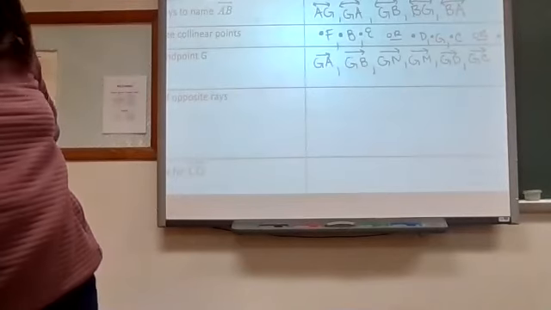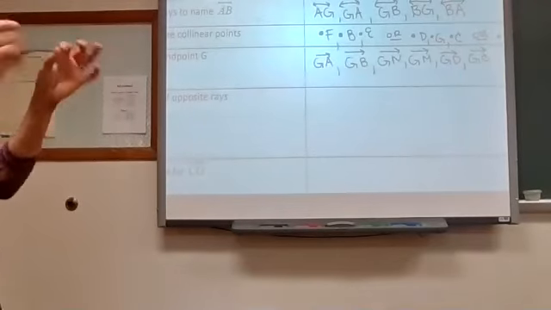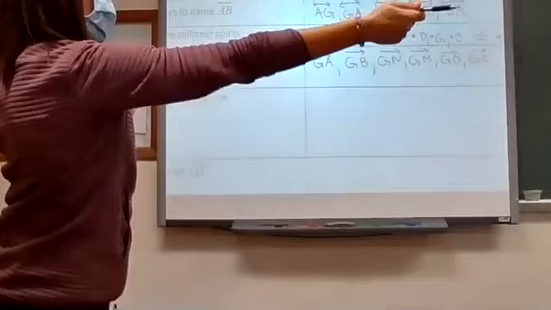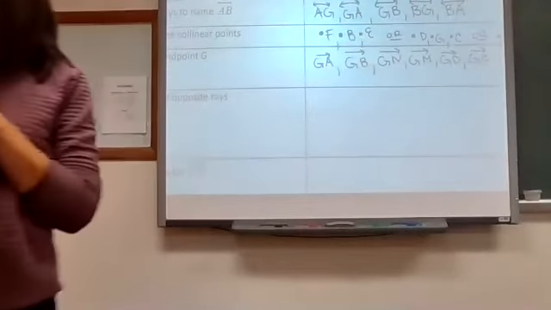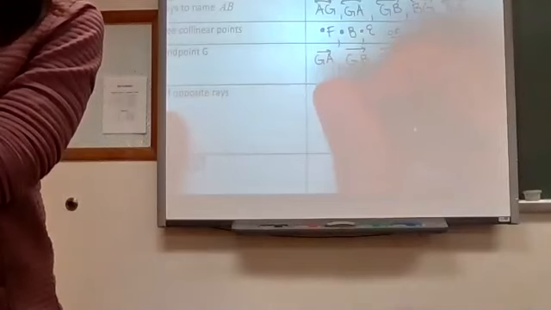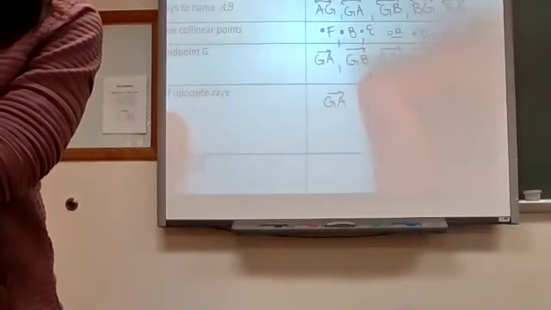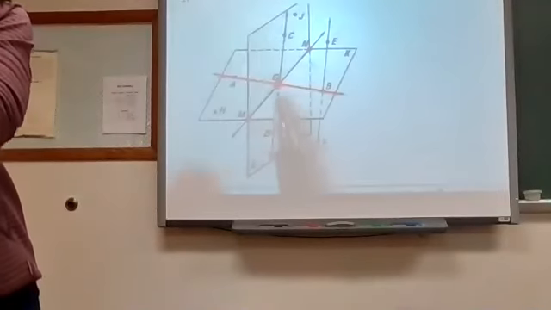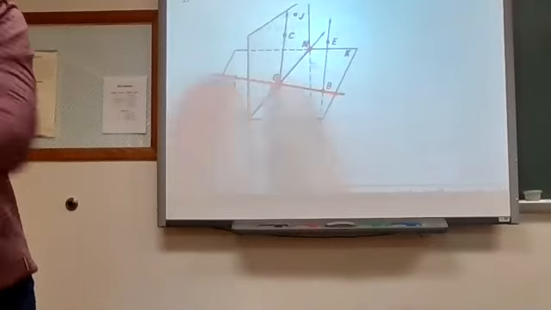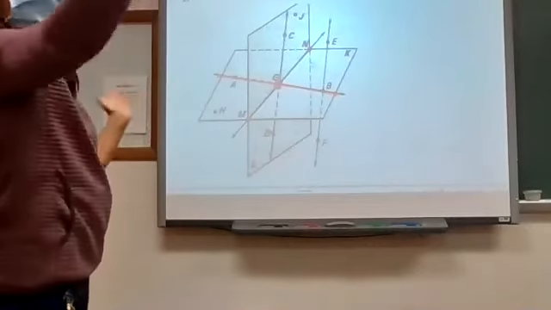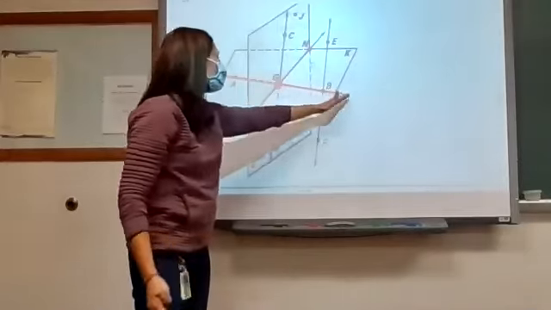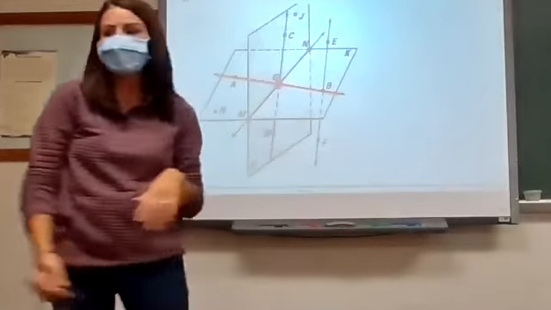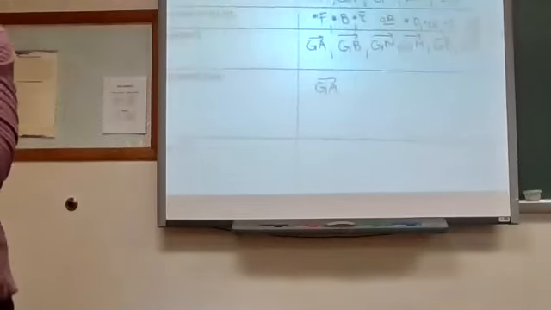Now, name four pairs of opposite rays. These are rays where one goes this way from the endpoint and the other goes that way. We have quite a few up here. GA would be opposite with, well, what they're asking for here is directly opposite. So GA and GB are going in opposite directions. I probably should have done my visual better on the first page.